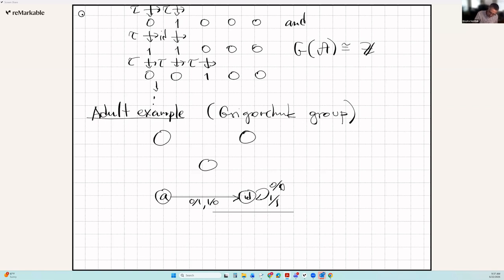And then you have a cycle, B, C, D. If you are in B and you read 0, you go to A, 0 goes to 0, and then you don't change any input letters here. If you read 1, you go to C, 1 goes to 1. If you're in C and you read 0, you go to A, 0 goes to 0, and if you read 1, you go to D, 1 goes to 1.